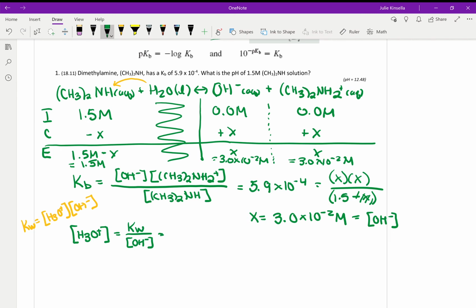So our Kw for water would be 1 times 10 to the negative 14th. Then we plug in our concentration of hydroxide, 3.0 times 10 to the negative 2. Keeping it to 2 sig figs, you get 3.3 times 10 to the negative 13th. Now that we have the concentration of hydronium, we can find the pH, which would be equal to the negative log of that value.